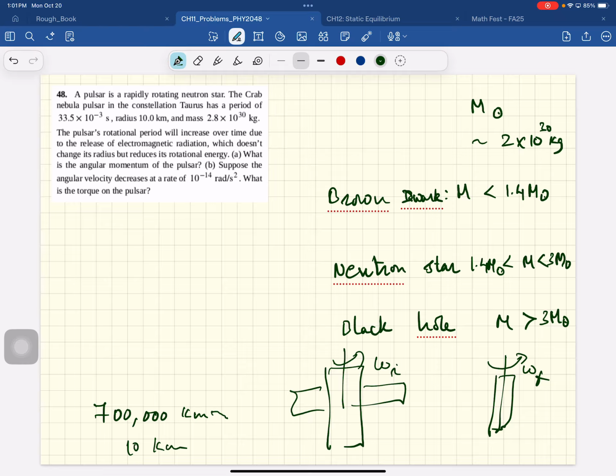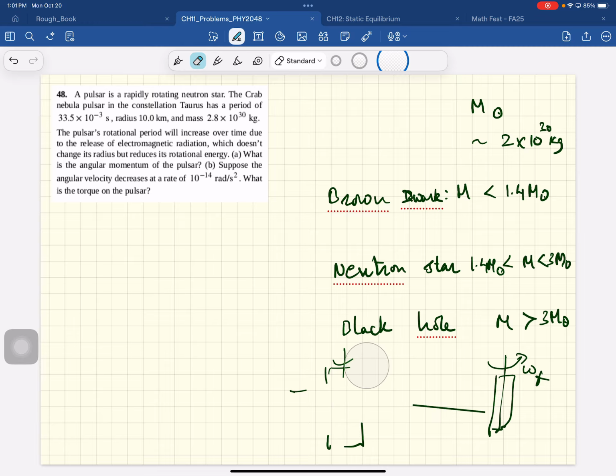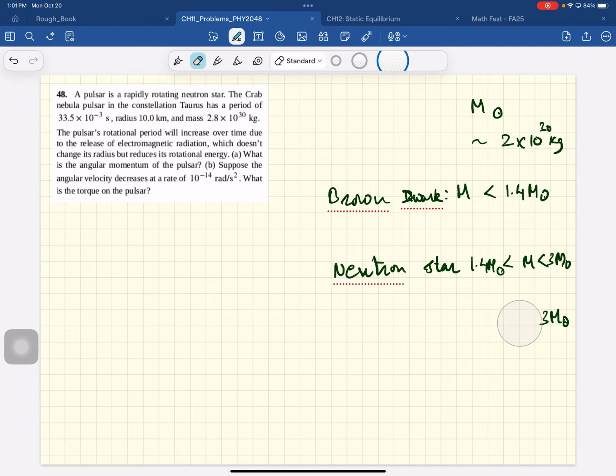Now imagine this, you wrap yourself to a size 100,000 times smaller. Right. So you're spinning fast. Okay. So here is a massive object spinning about 1,000 times a second. Okay, it's spinning very fast.